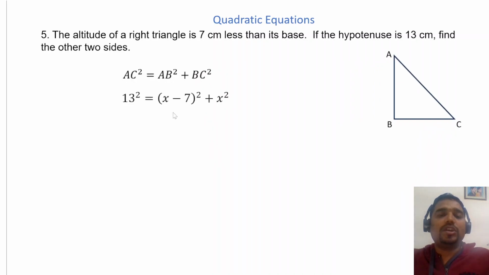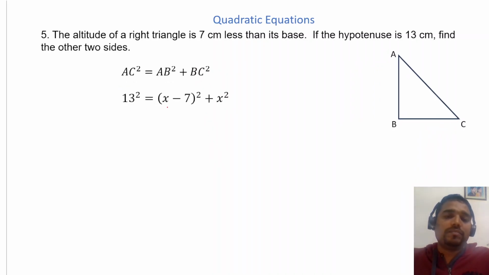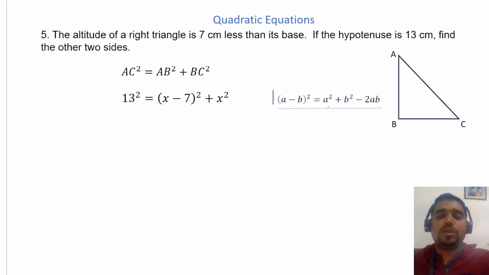Substituting these values, 13 square is equal to (x minus 7) whole square plus x square. Now, (x minus 7) whole square looks like the (a minus b) whole square formula, which is equal to a square plus b square minus 2ab, wherein a is equal to x and b is equal to 7.